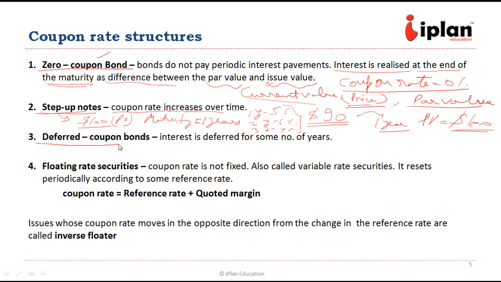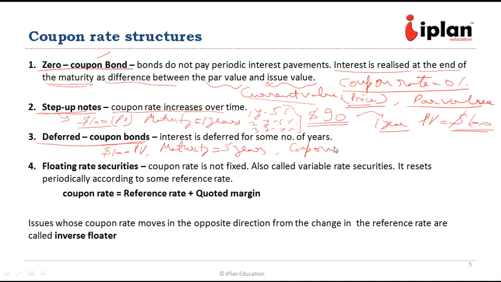Third type is deferred coupon bonds. These are the bonds in which coupon interest is issued but not immediately, after a deferment of a certain period. For example, there could be a bond of $100 par value. There could be maturity, which is say 5 years.